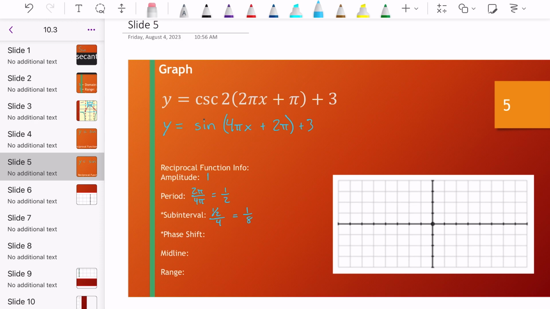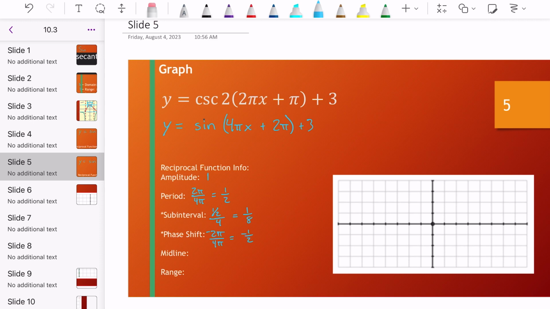Our phase shift is going to be negative C, which is 2 pi, over B, which is 4 pi. Here you're going to end up with a negative 1/2.